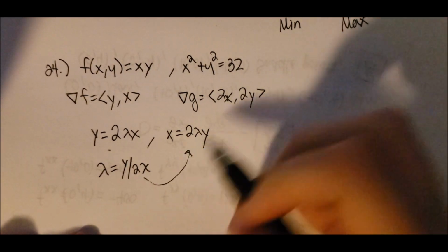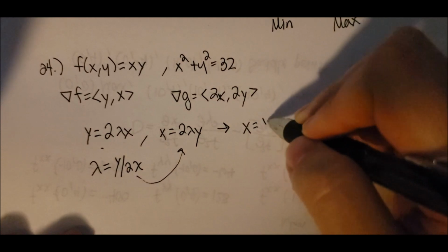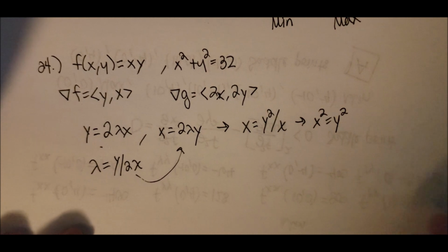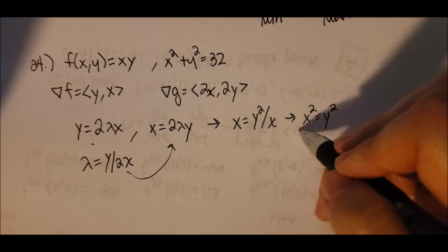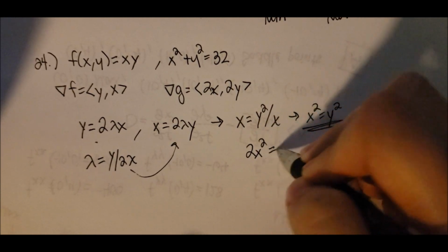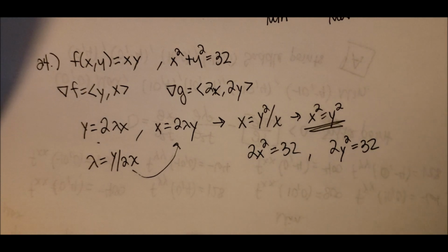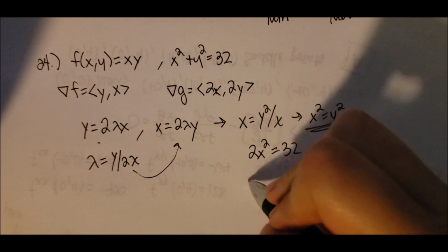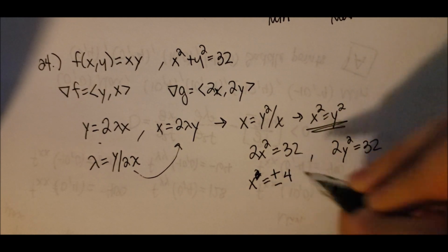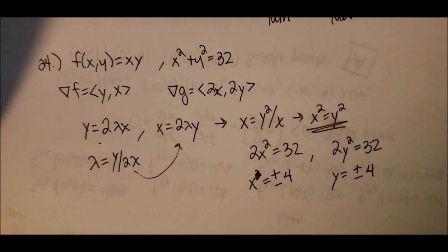And I'm going to put that into this equation, and I get that x is equal to y squared over x. So x squared is equal to y squared. And if I put this into the constraint, I get that 2x squared is 32 and 2y squared is 32. So x squared is 16, so x is positive or negative 4, and y is positive or negative 4.